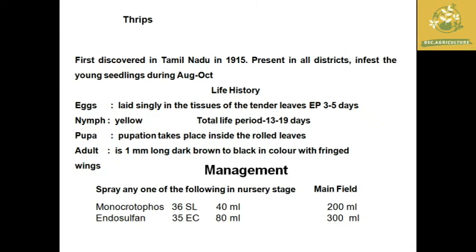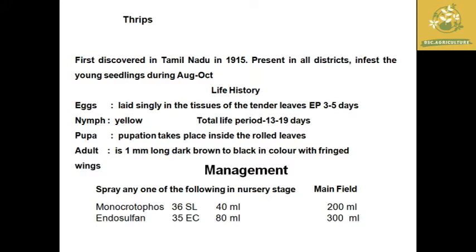The first discovery of thrips in Tamil Nadu was mainly during 1915, and it is present in all districts of Tamil Nadu, and as I told you before, it mainly occurs during August to October.